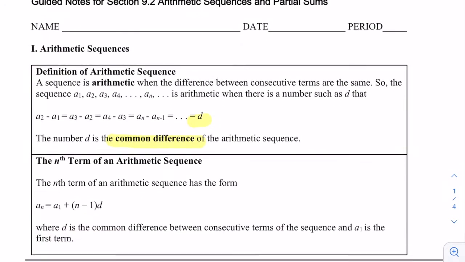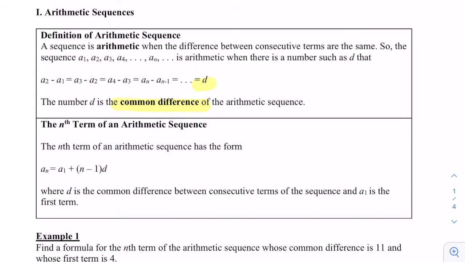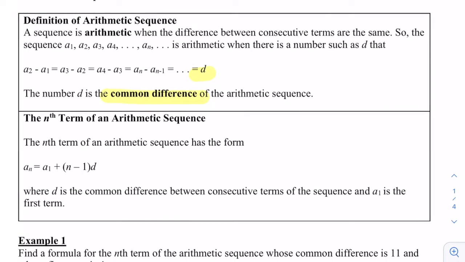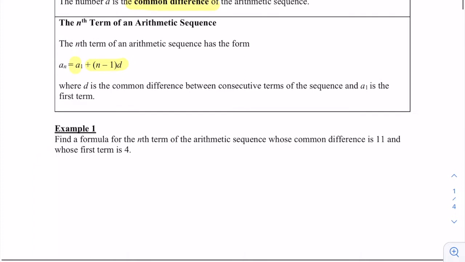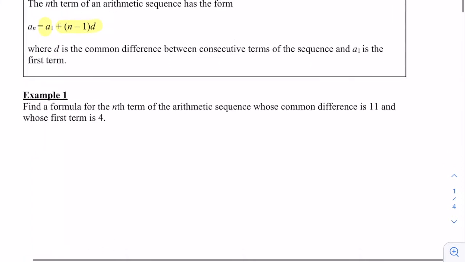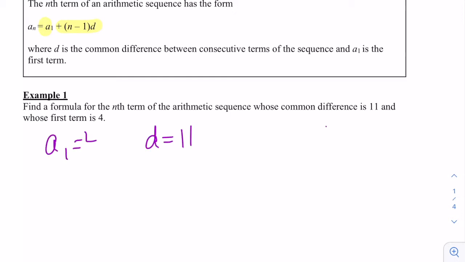So if we're going to find the nth term of the arithmetic sequence, we always want to start with the first term, and then we add n minus 1 times that difference. So if we're looking for the formula for the nth term of an arithmetic sequence that has a common difference of 11 and the first term is 4, we could write it as 4 plus n minus 1 times 11.